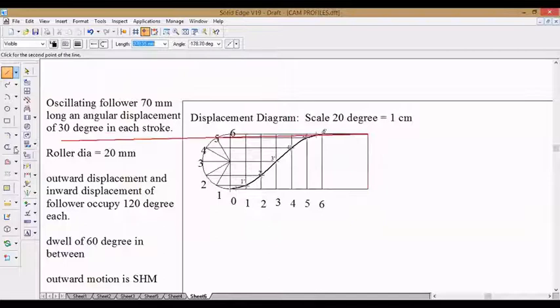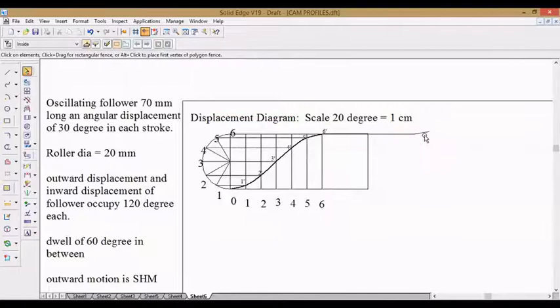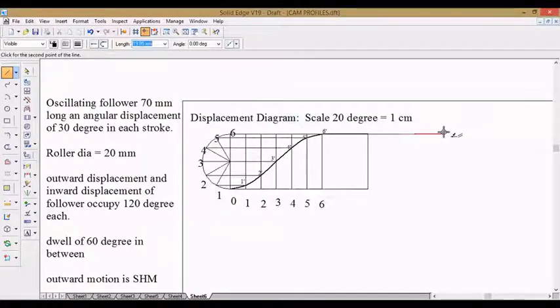So the dwell is also completed. So how much is the return stroke? The return stroke is 120 degree once again, so 60 mm. So instead of drawing 60 mm, I will take individually 10 mm 0 degree, 1, 2, 3, 4. I am dividing the 60 mm into 6 equal parts. 1, 2, 3, 4, 5, 6.